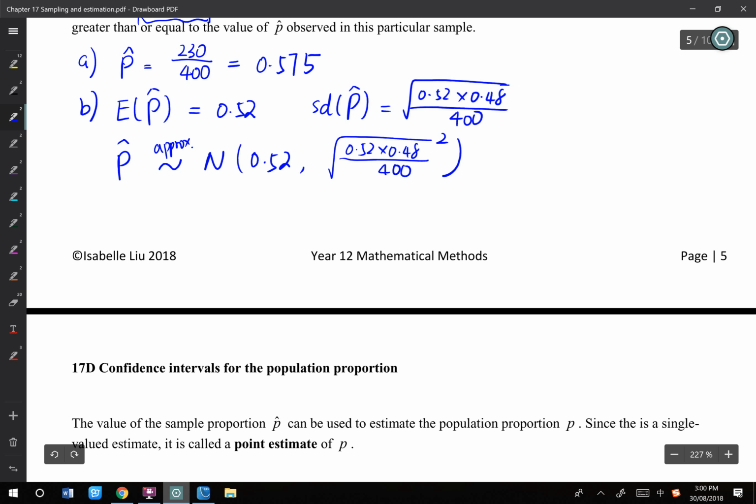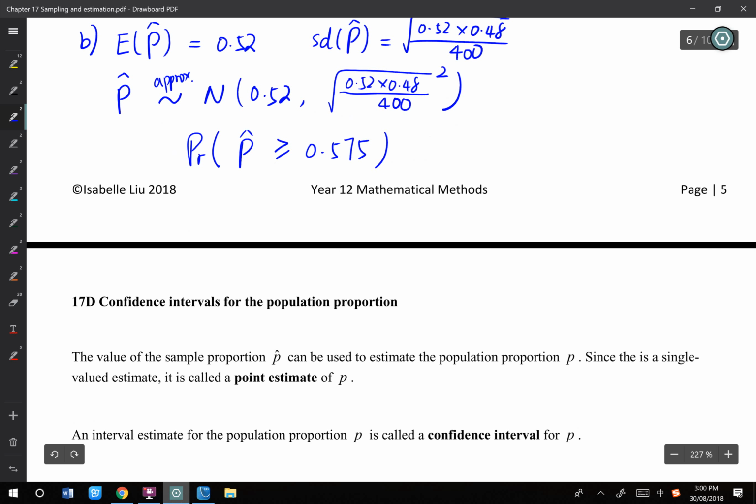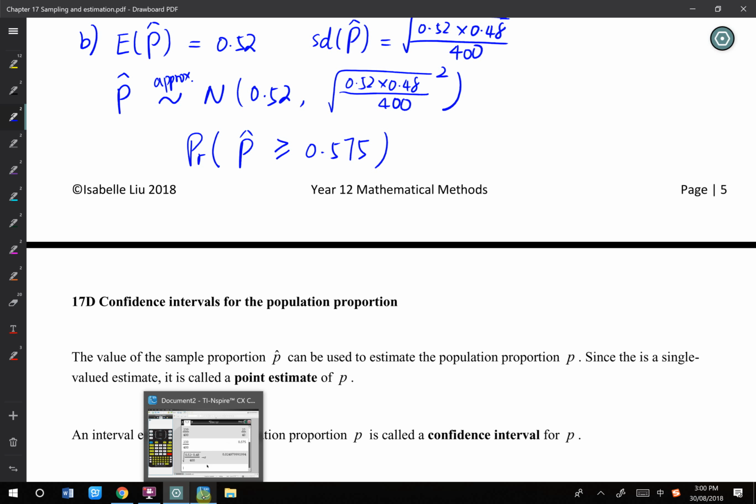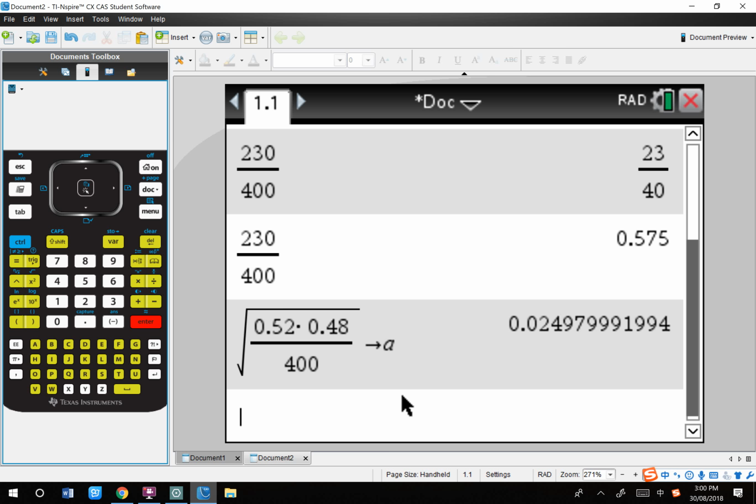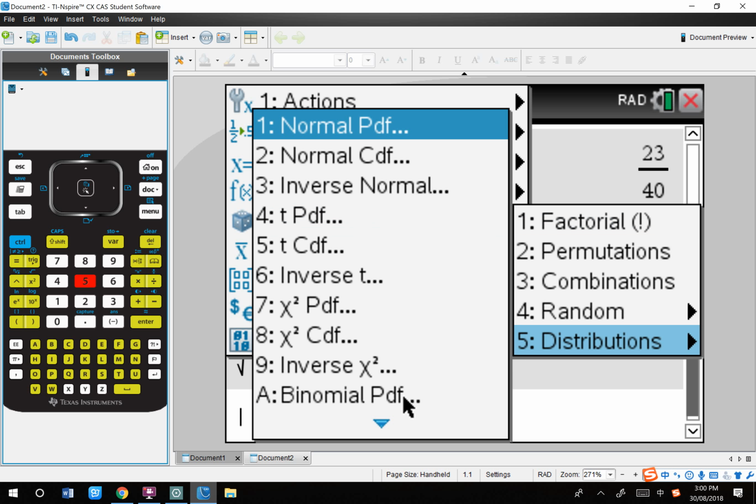And then what I'm looking for is the probability that my p hat is greater than or equal to 0.575.